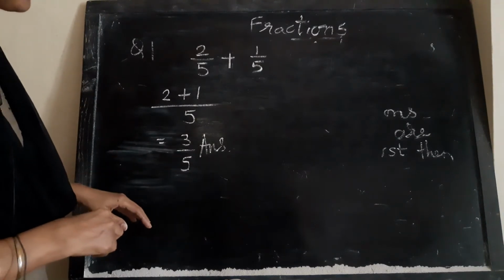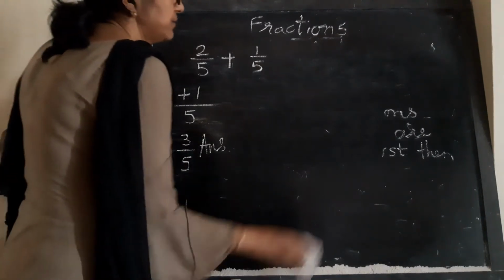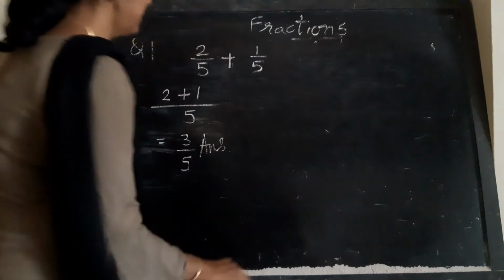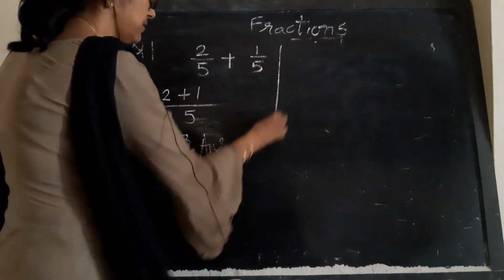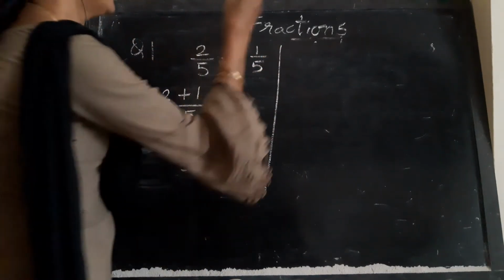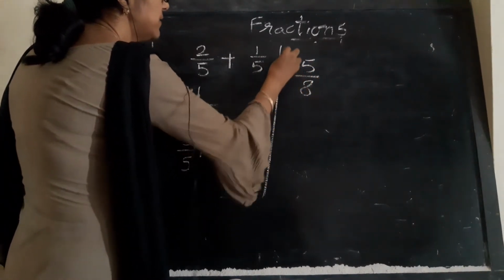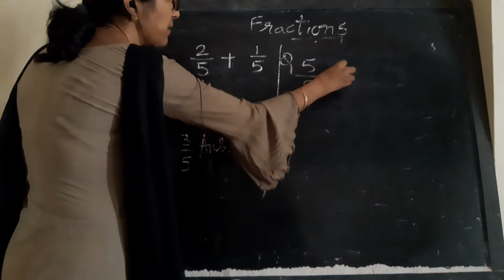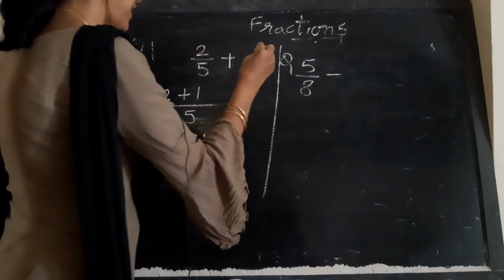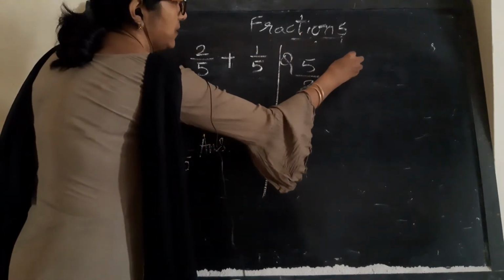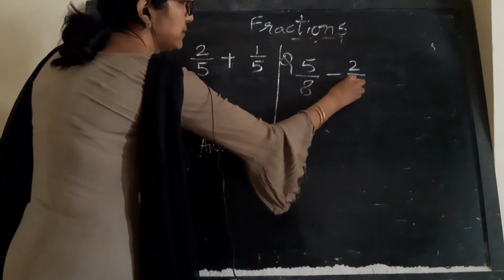We will see one more question of the same type. Suppose I have 5 upon 8, and this time we have to subtract: 5 by 8 minus 2 by 8.